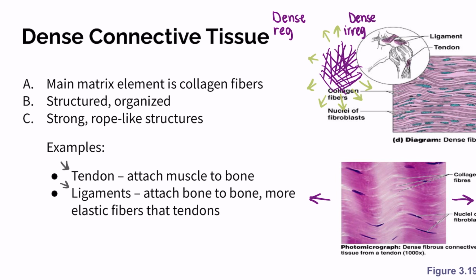Think about, I'm drawing your calf muscle here. This is the calcaneus, and this is the Achilles tendon. It has to withstand force from two opposite sides. Whereas the dense irregular, we tend to find that under skin, in the dermis, around deep organs, because our skin and our organs may require stretch from all sides.